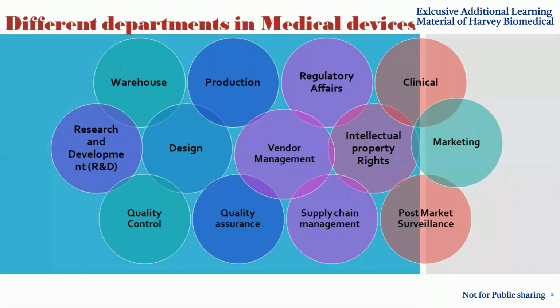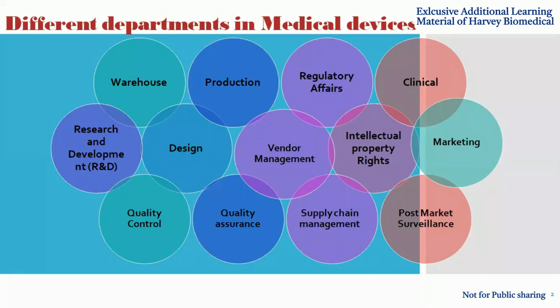If you go to consultancy companies or software companies also, all of these are involved, but some of the requirements will not be applicable based on their activities. If you consider a software company, clinical is not required. Why? Because they are not manufacturing any specific product related to a clinical condition.